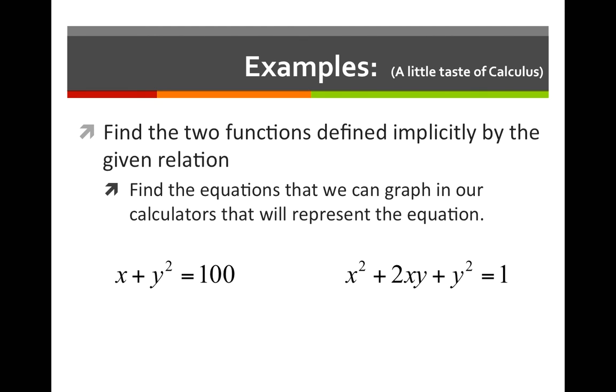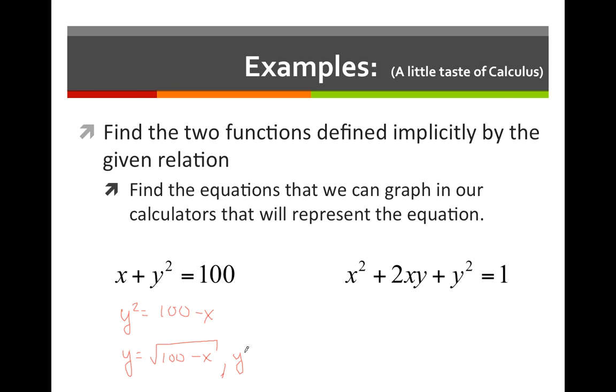If I was to give you this first question here on the left, you can't graph this in your calculator unless it's y equals. So if we tried to solve for y, we'd say y squared equals 100 minus x, and then we would take the square root, and we get this. Well, the problem is when you take the square root of both sides, you get a plus and a minus.